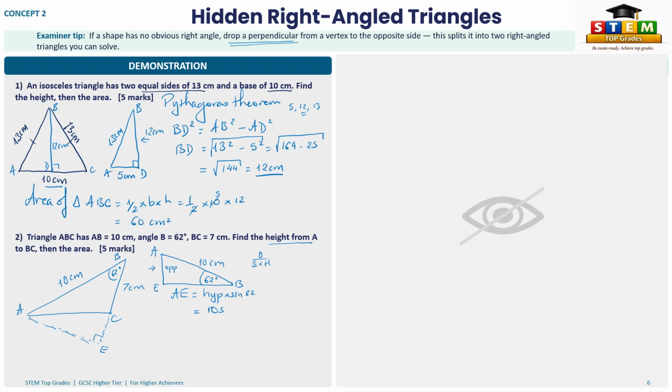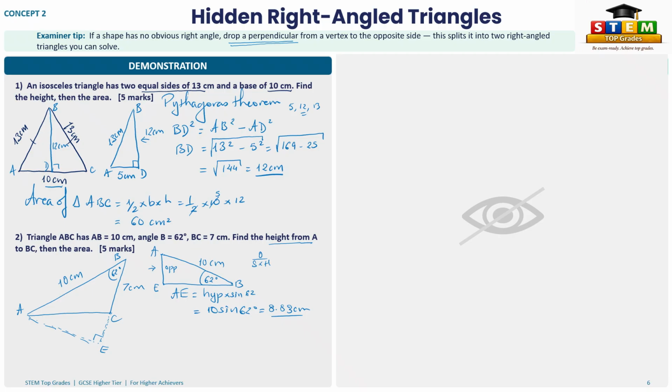So 10 sine 62 degrees. Okay, you can leave it like that, or you can work it out from your calculator, which is going to give you 8.83 centimeters. But you can leave it, you don't need it at this point. This is an intermediate answer.